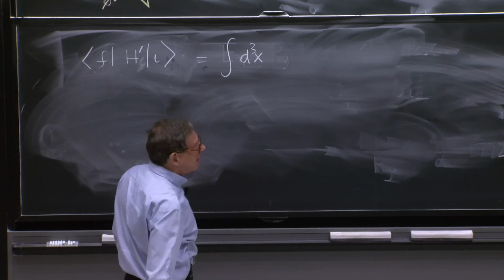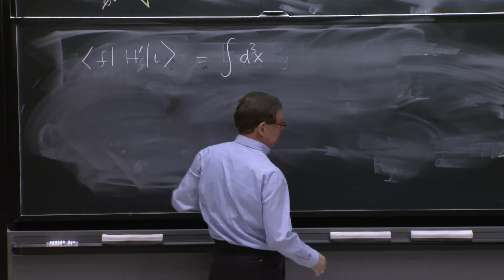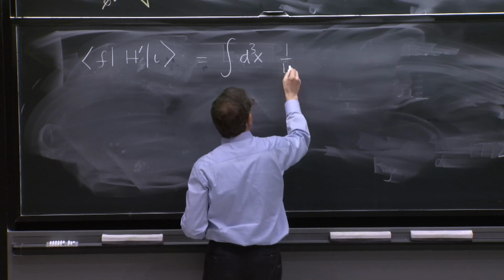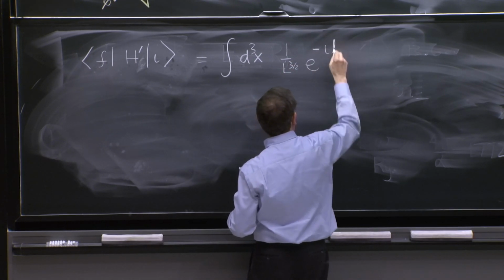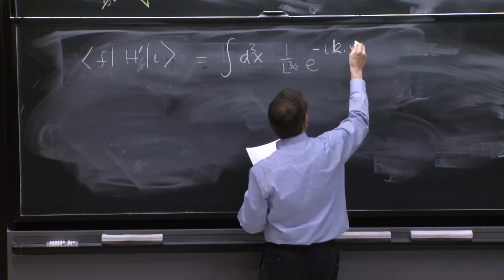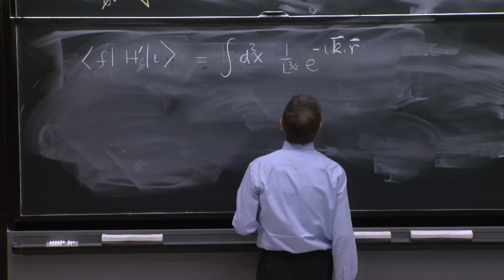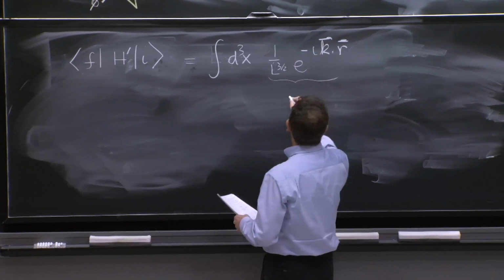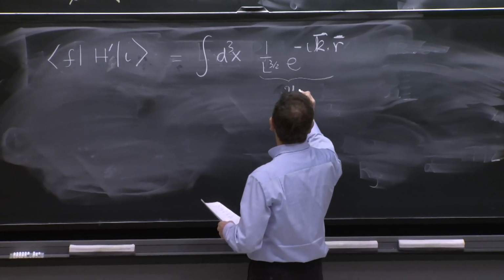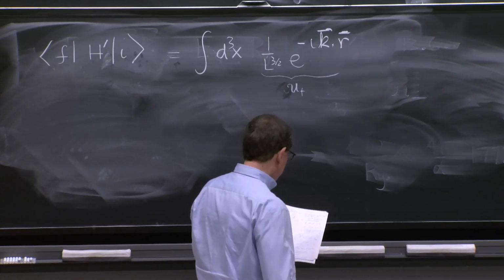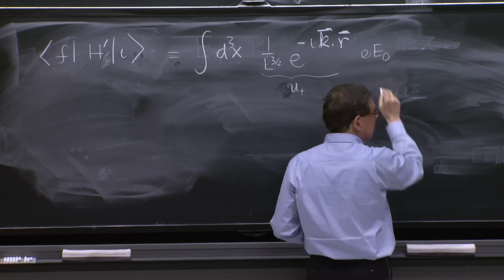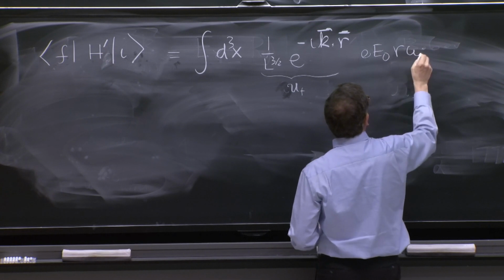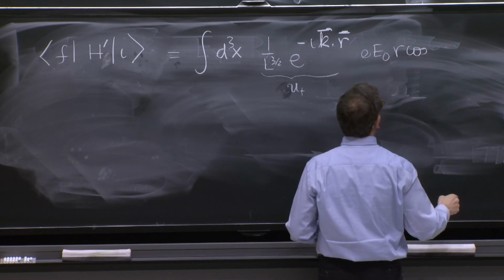Let's put the final state first, because it shows up there. So it's 1 over L cubed, e to the minus i k dot r. So here is our final state, u final. Then the Hamiltonian, that's simple. E naught r cosine what?